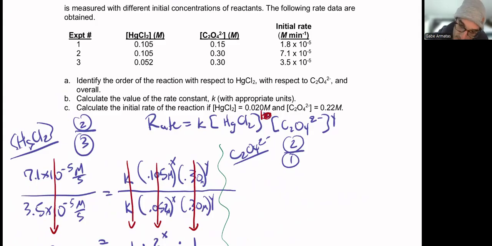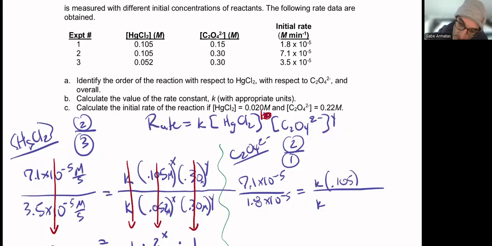So reaction 2 on top, so 7.1 times 10 to the minus 5 divided by 1.8 times 10 to the minus 5 equals, I've got K over K. Concentration of mercury, 0.105, raised to the, actually now we know it's raised to the 1. It's not going to matter, but we could put that X as well. Then 0.30 raised to the Y over 0.15 raised to the Y.